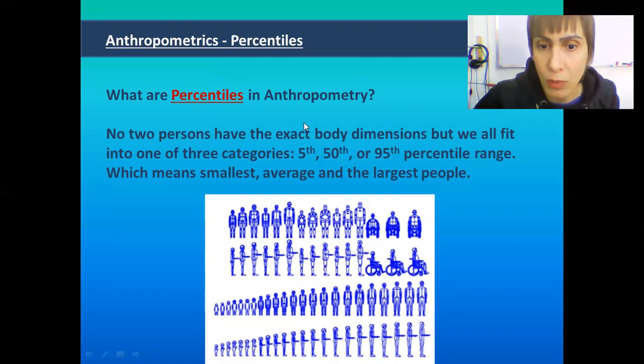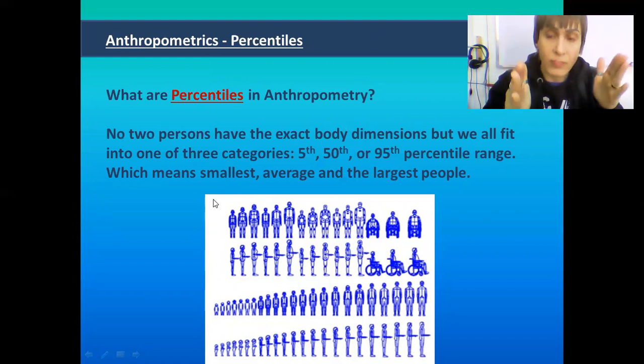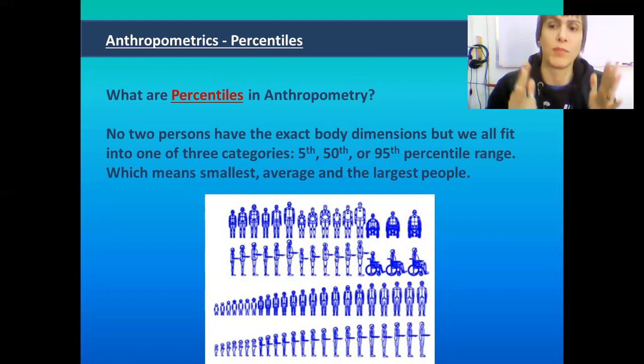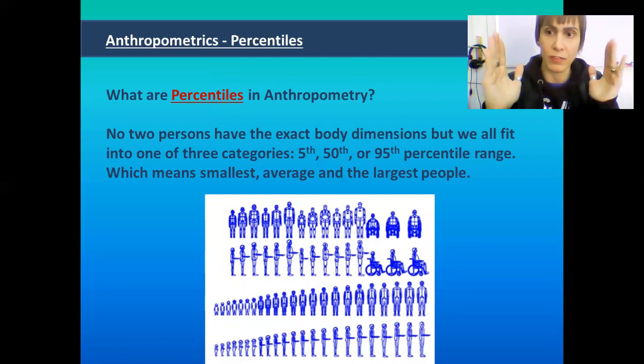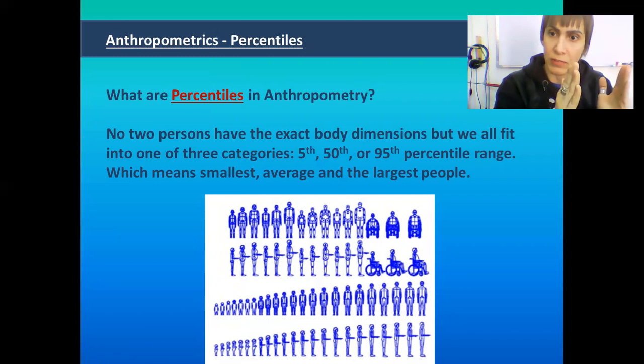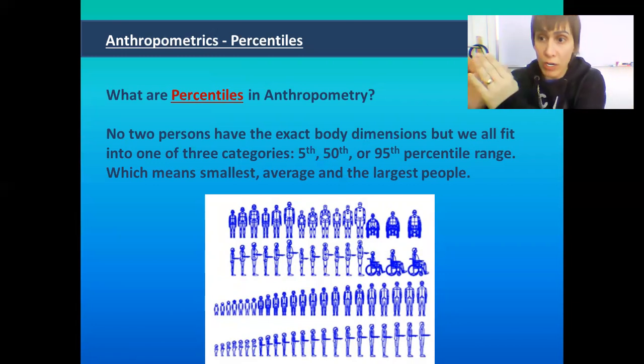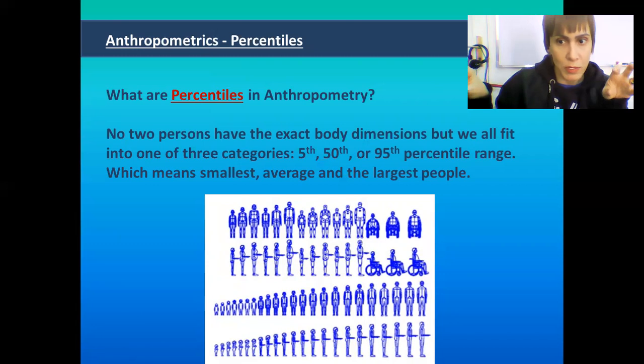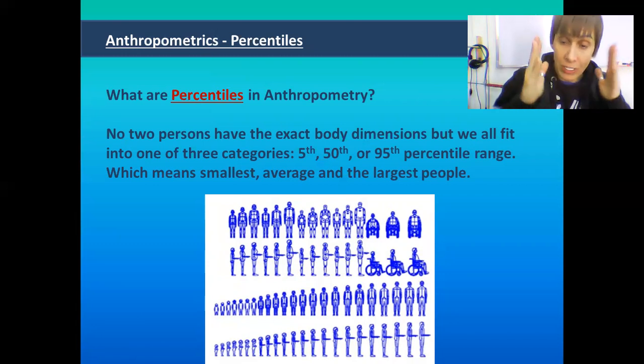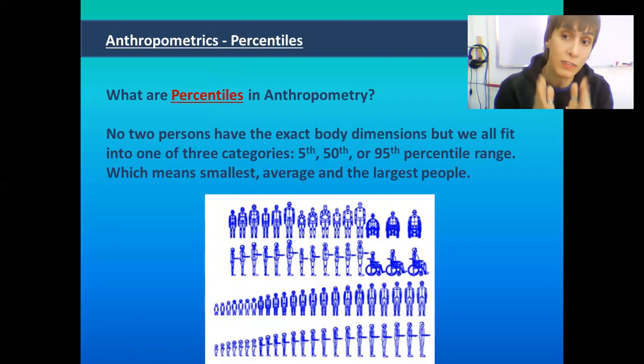Now, what does this mean? What is the meaning of the 5th percentile? It means the smallest of the people, the smallest of this group of people. Like, for example, if you're looking only at females, the smallest of the females, or the smallest of the males, these 2 measurements will be different, but each group of people is categorized into these 3 types.